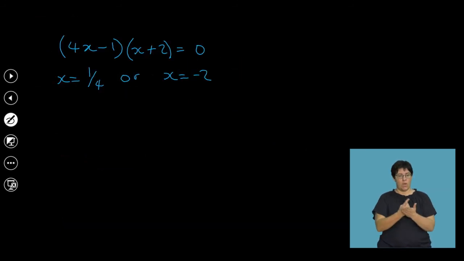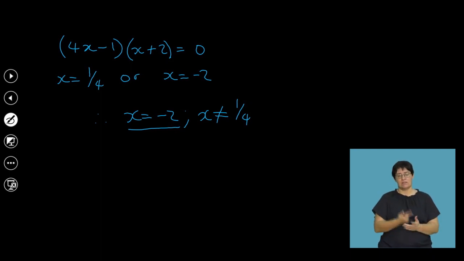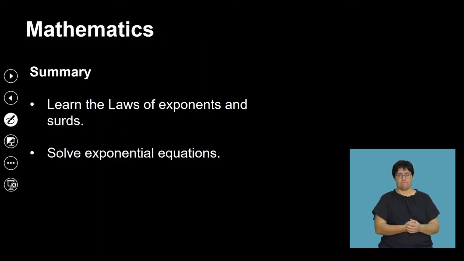So you always need to conclude, and then therefore x is equal to negative 2. Some people also prefer to say comma, x cannot be equal to 1 over 4. It's really a choice, because if you already said x must be equal to negative 2, it means the other one does not exist. So it's an either or situation.